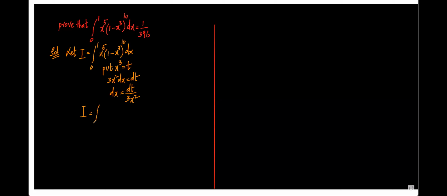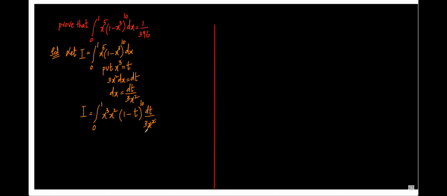Integral 0 to 1 x power 5, we can rearrange like this: x power 3 into x power 2, right? Into 1 minus x power 3, whose value is already t here, whole to the power of 10, into dx, whose value is dt by 3x square.